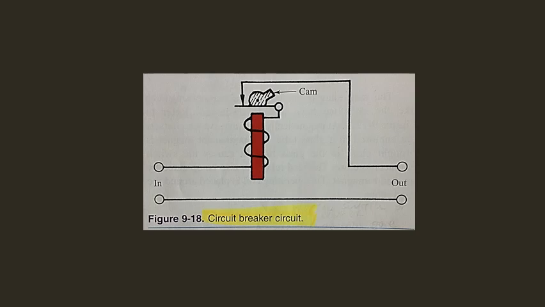If the line current exceeds a preset value, the coil will build up enough magnetic force to overcome the spring tension of the armature. The armature releases the points and will open the circuits. The contact points must be reset or closed by hand.